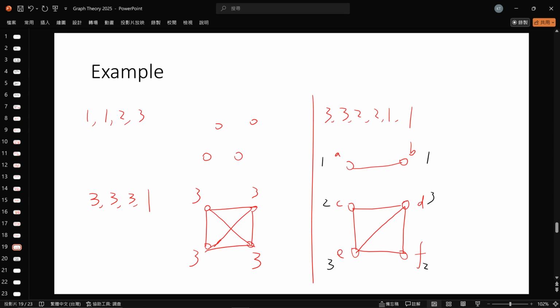For example, 3331 is not acceptable because 3 and 3 already equal C(4,2), which is 6. 33111 is fine because you can draw it, but 3311 is not.